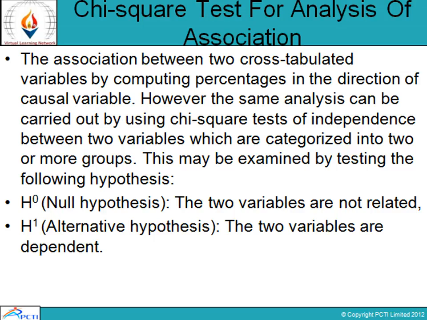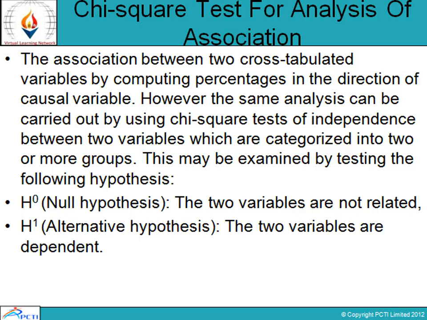Likewise, when we discuss the chi-square test for analysis of association, the association between the two cross-tabulated variables can be examined by computing the percentages in the direction of causal variables. But the same analysis can be carried out by using the chi-square test of independence between the two variables, which are categorized into two or more groups.